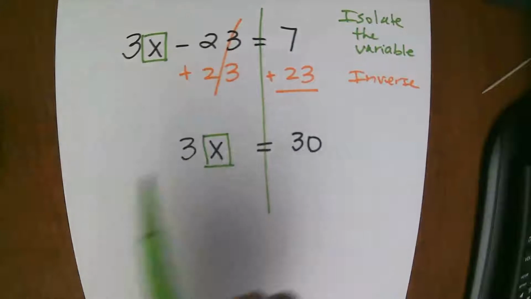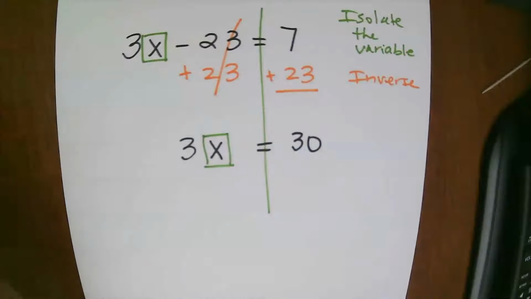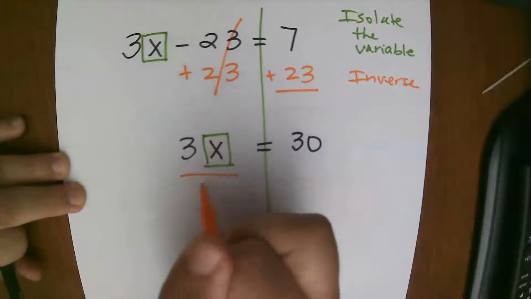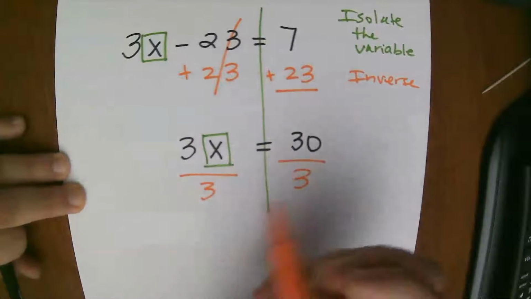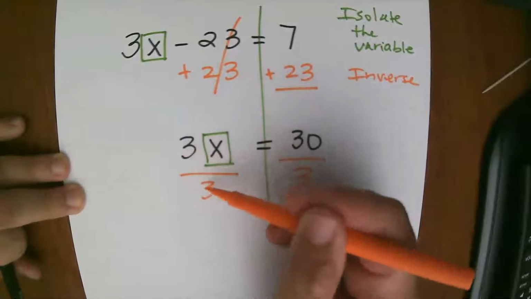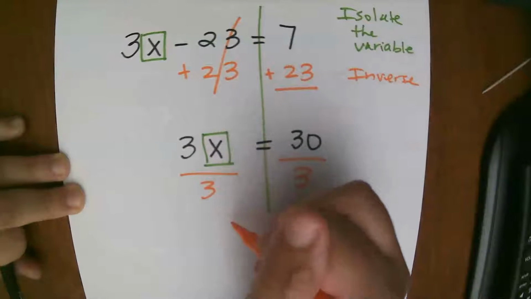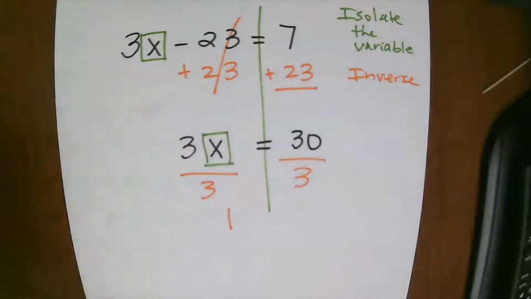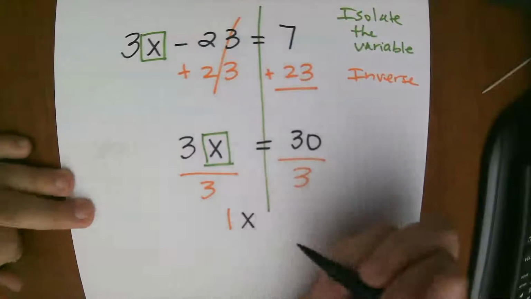So what's the inverse operation of 3 times x? Well, it's divide. So we're going to divide by 3 on both sides. Remember, fraction bar means division. So what happens here? Well, 3 divided by 3 actually becomes 1x.